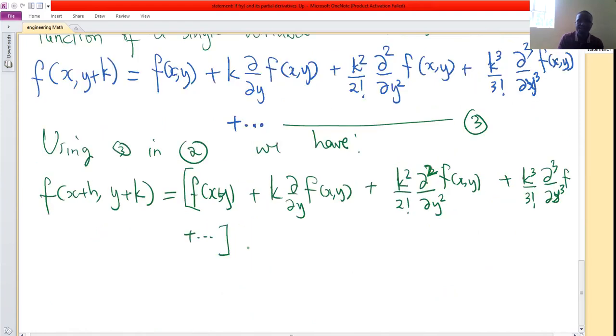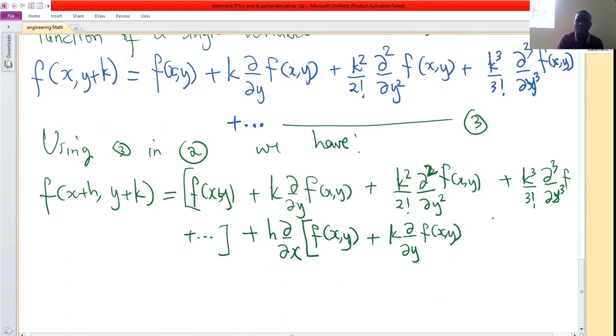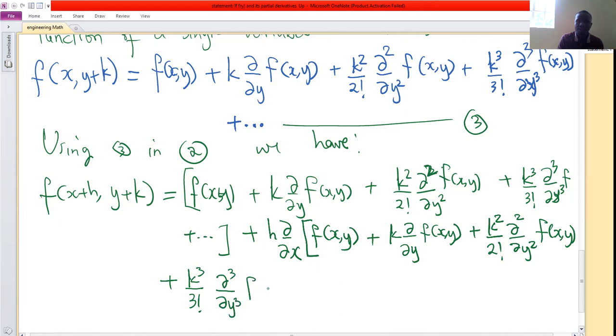So we'll have h partial x of now f(x, y) plus k partial y f of (x, y) plus k squared over 2 factorial partial squared partial y squared f of (x, y) plus k power 3 over 3 factorial partial cubed partial y cubed f at (x, y), and then plus other several terms.